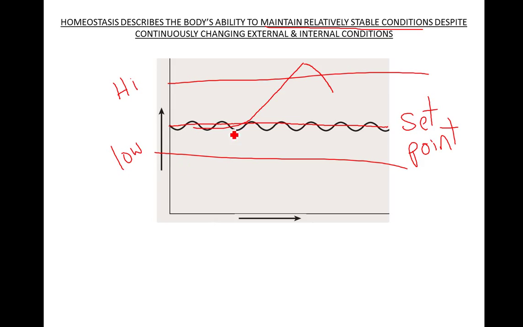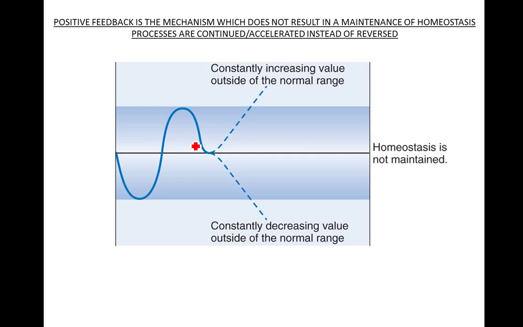The same thing here: if you go low and you don't come back up, that's going to cause a problem. So there are instances when you want positive feedback, but in most living systems, a majority of them, the control is going to be negative feedback.